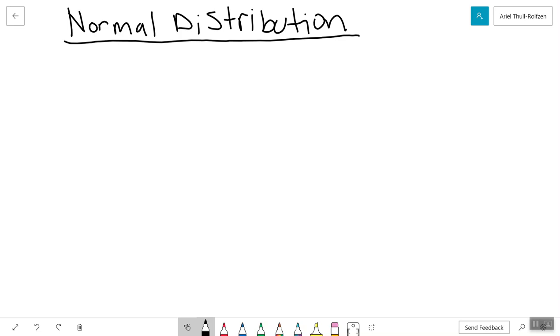Alright, so the problem says the ACT composite scores Y in 2009 are believed to be normally distributed with a mean score of 21.1 and a variance of 26.01. So after watching that first video, we can rewrite this.